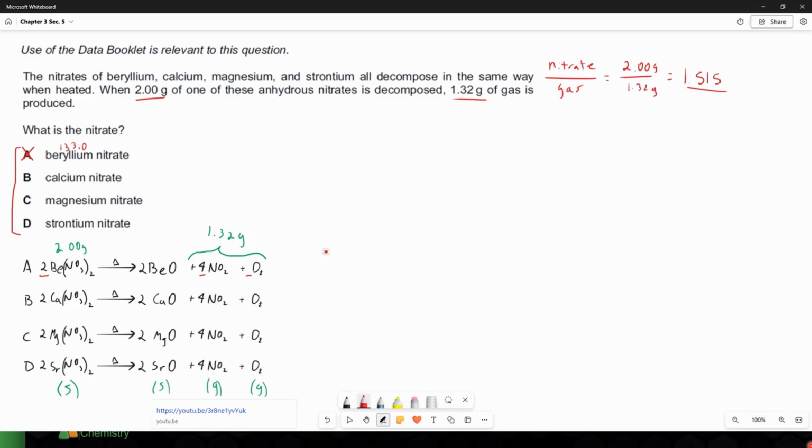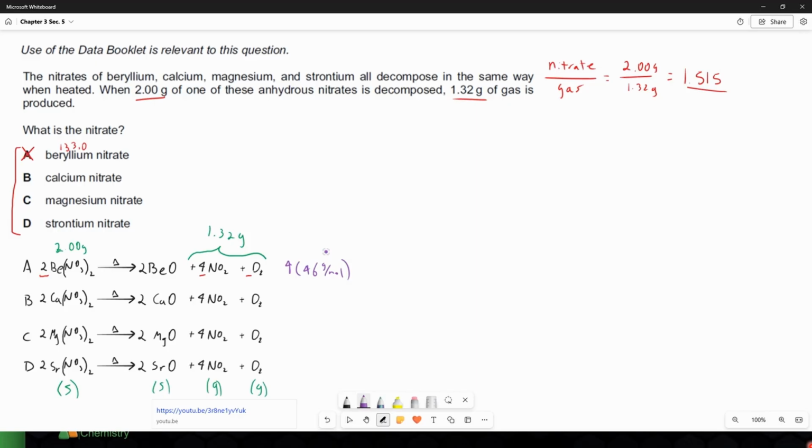So, if we look at that, and let's do this in a different color, so purple. We have 4 times the molar mass of nitrogen dioxide, which is 14 plus 16 plus 16, so that's 46. So we have 4 times 46 grams per mole.